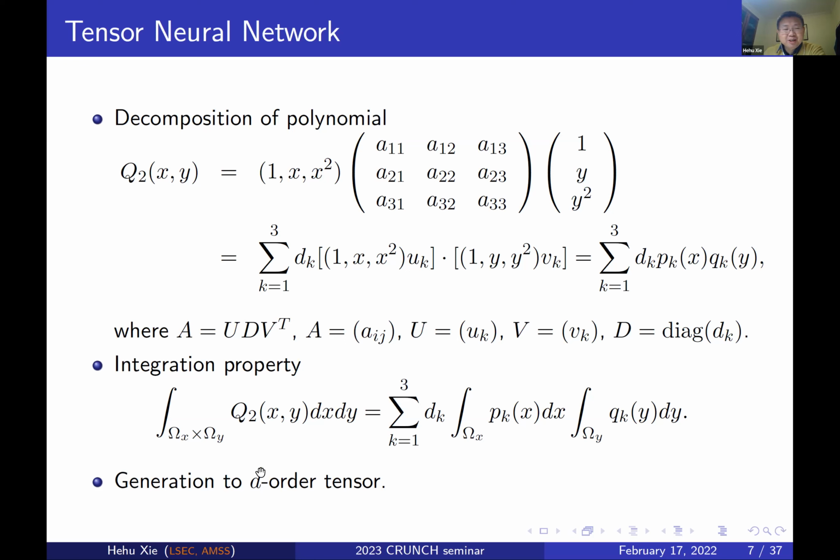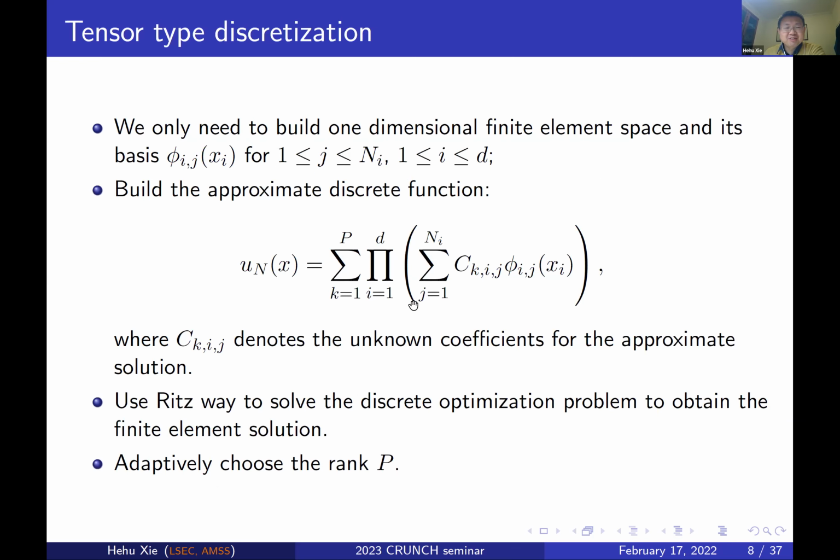If we generalize this to high dimensions, the matrix will become a tensor of higher order. For example, if the dimension is d, the tensor is of order d. But in this case, we only need one-dimensional integration.